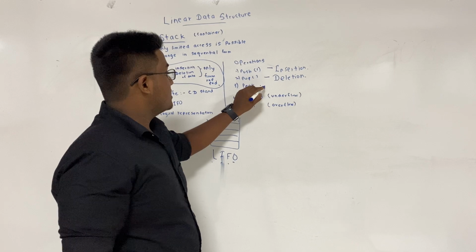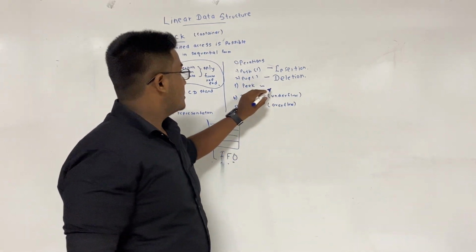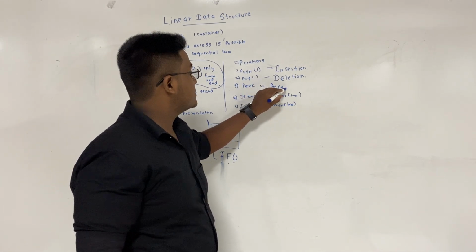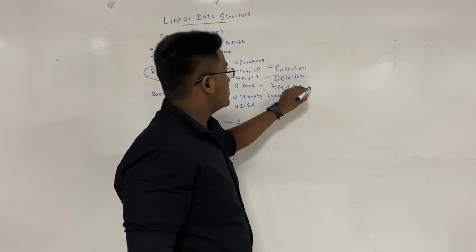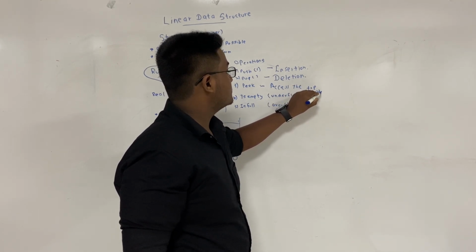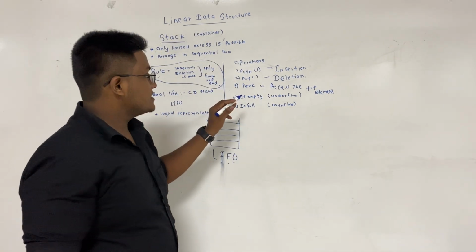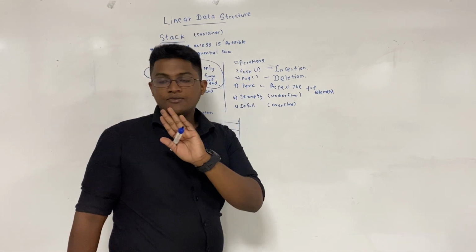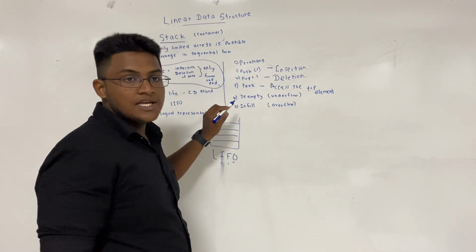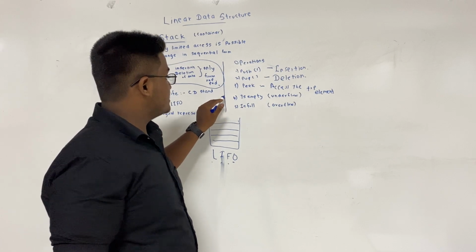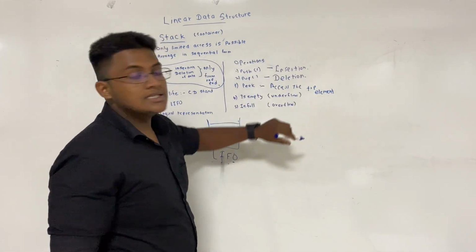And peek means it is not deletion, we are accessing the topmost element. Peek means accessing the topmost element. We are not deleting. And then the other functions are is empty and is full. I will show this in an example.